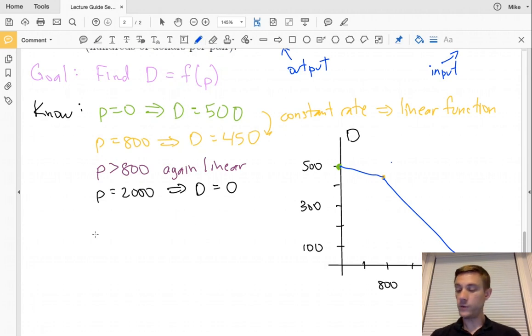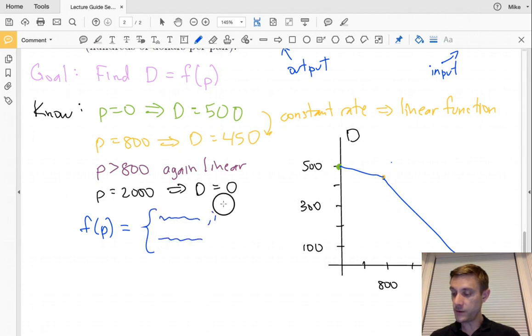I guess what I know so far, one other thing we know basically is that the thing we come up with is piecewise. So it's going to look like, remember those little curly brackets, some kind of formulas, and then if our input takes some values, and then some different stuff if our input takes some other set of values. Okay, so let's start using this stuff.